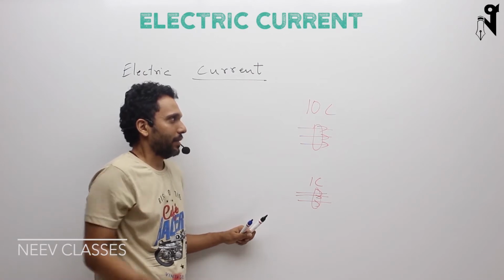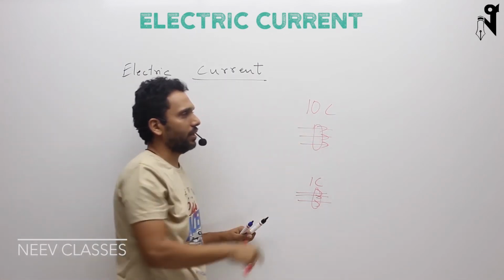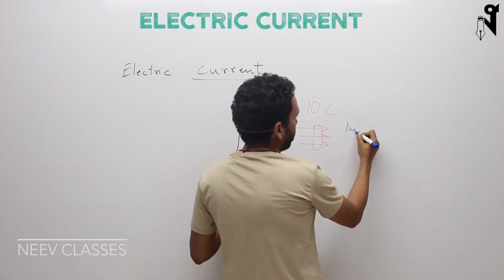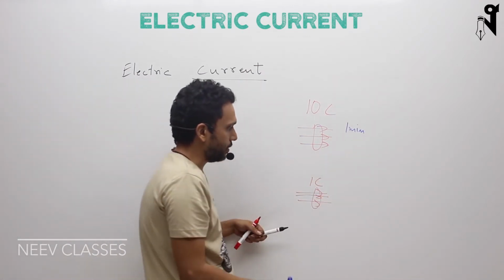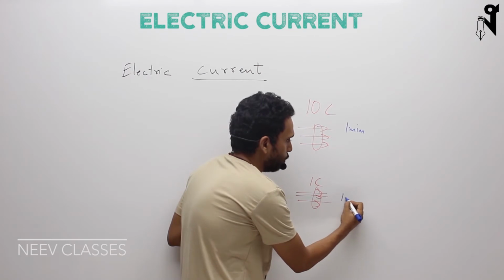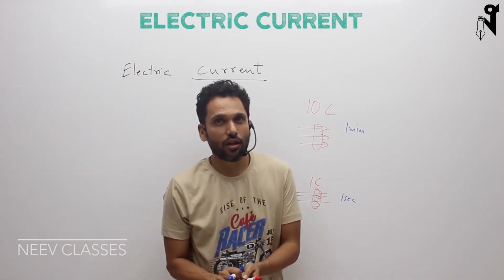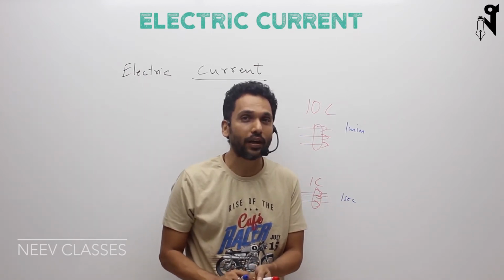Let's see. I'll further say that this 10 coulomb has gone past a certain region in 1 minute, and this 1 coulomb has gone past a similar region in 1 second. Now, is this more informative for you to give me an appropriate answer?